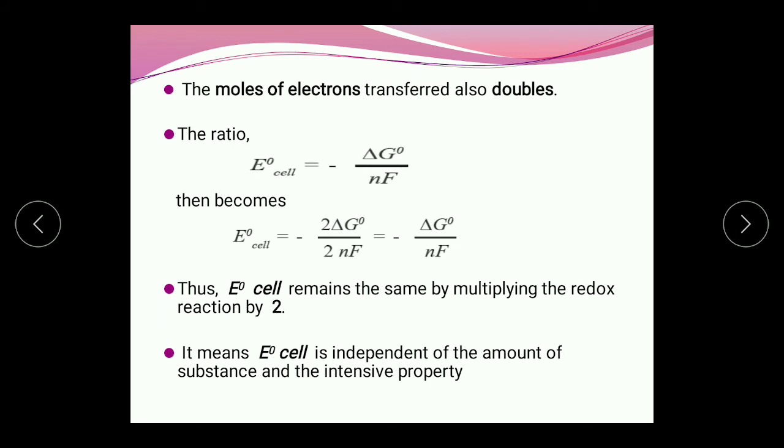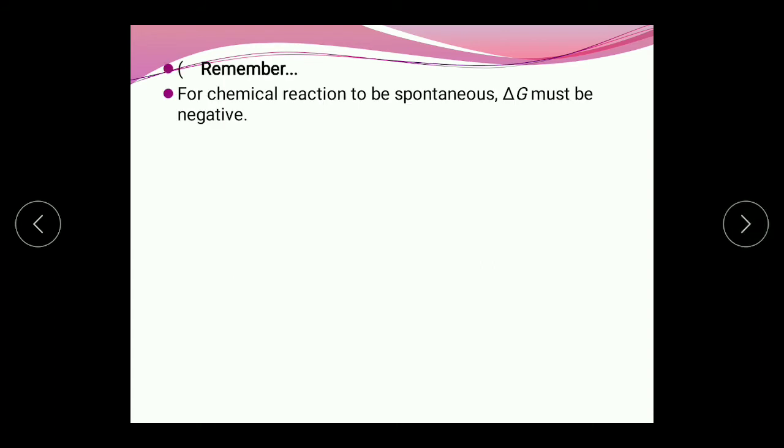Now, again, some points to remember. We are going to just revise the thermodynamical part, the part from the thermodynamics lesson. For a chemical reaction to be spontaneous, delta G0 or delta G only we can say must be negative. Then only the given reaction is spontaneous. But we know in a galvanic cell, a spontaneous redox reaction takes place.